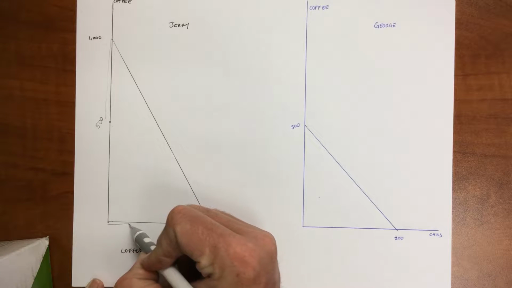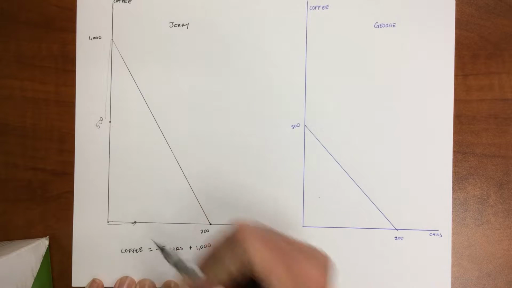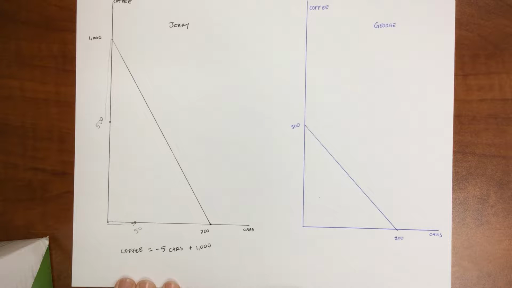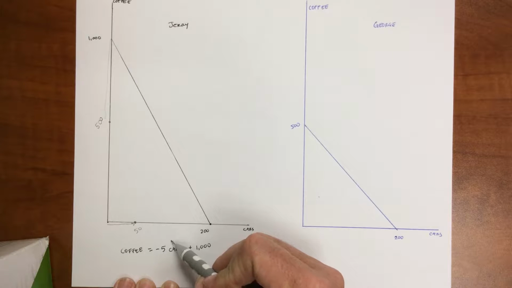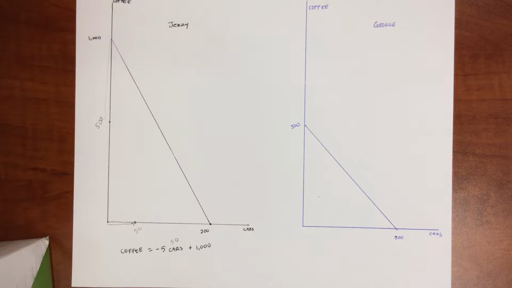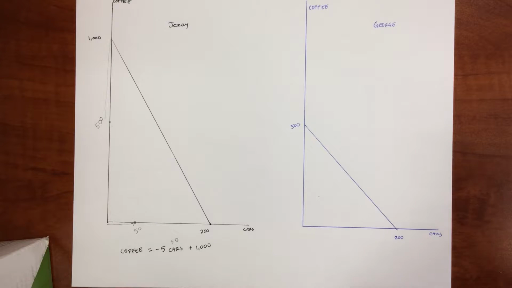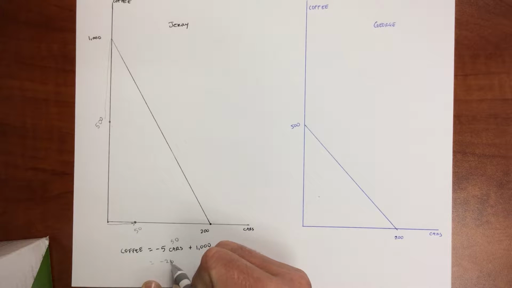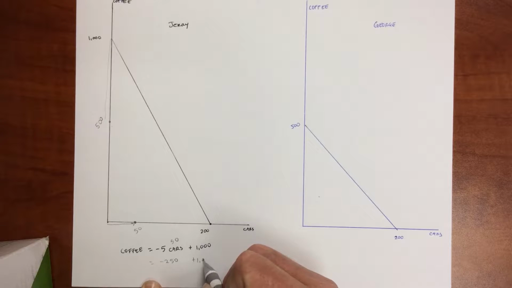So let's suppose that indeed Jerry's going to end up with 50 cars from George. So he's going to go from 0 all the way out to 50. And the question is, well, where does that fall in the PPF? So if I put 50 in for cars, I get -5 times 50, which is -250, plus 1,000.